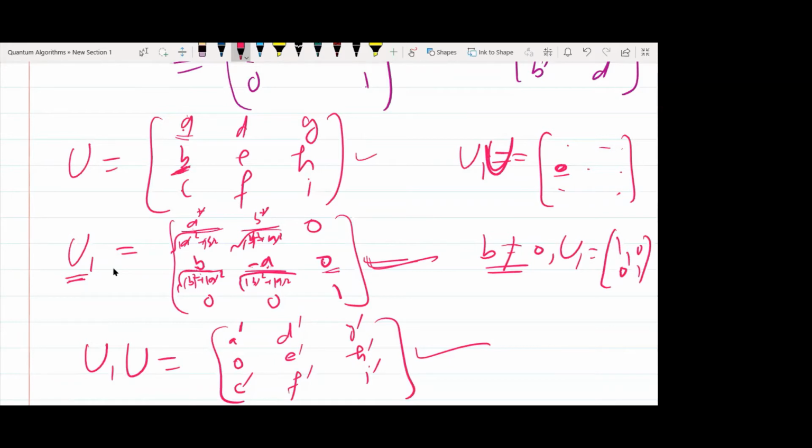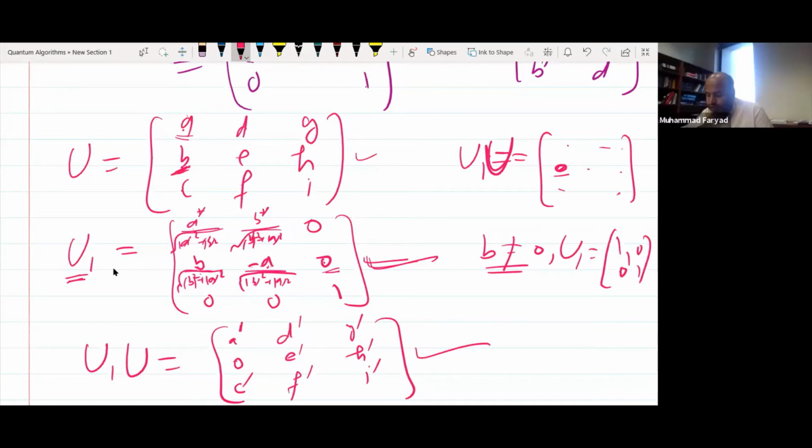Sir, inside U1, why did we put those A star and B star terms in the first row? Because you were saying we only need to make the location below A zero, and everywhere else it doesn't matter. Yes, good question. The reason is that I also want to keep this U1 a unitary matrix. So to keep it a unitary matrix, I have to make sure that the entries here are such that when I take its dagger, it becomes its own inverse. So for that, first of all, the row has to be normalized.